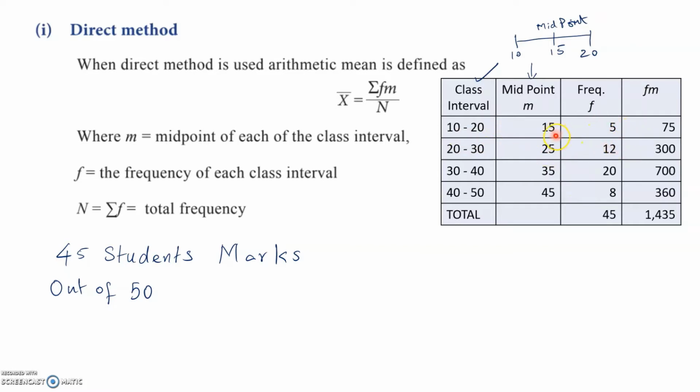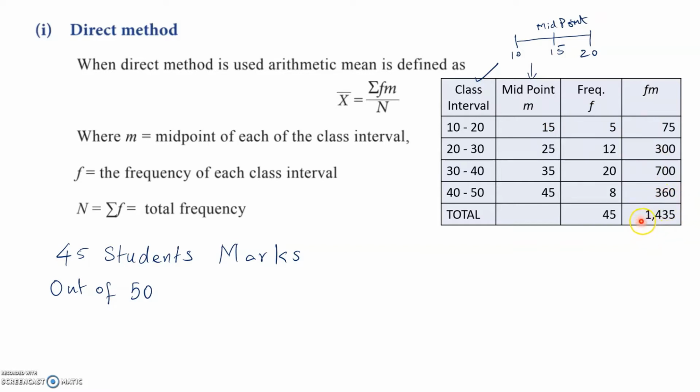After you have marked the midpoint and the frequency, you multiply them and call it fm, frequency into the midpoint. And then you add all of this together.